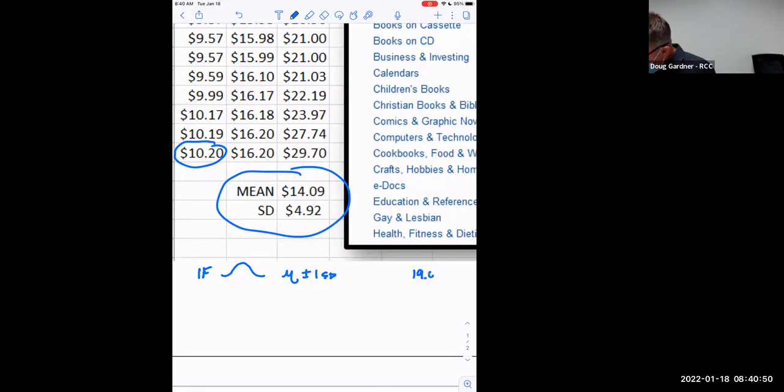That gives me a range of $19.01 at the top end, all the way down to $9.17.